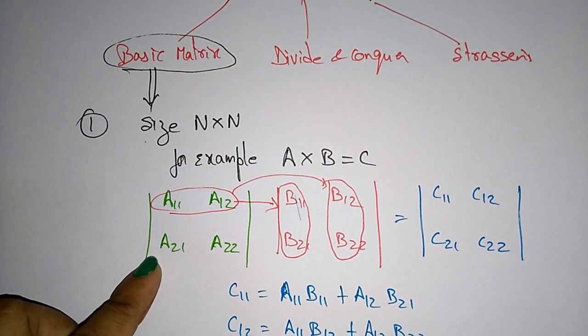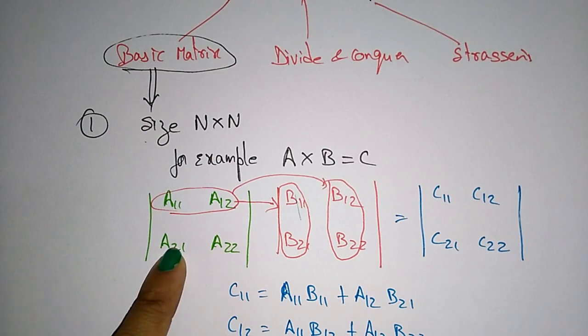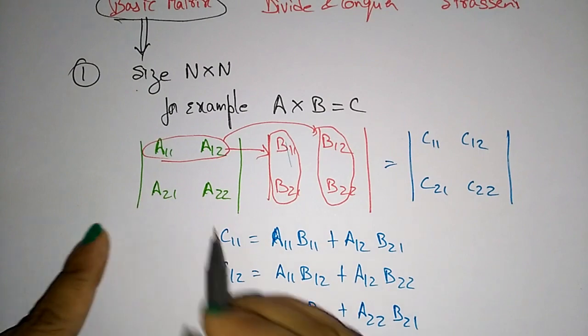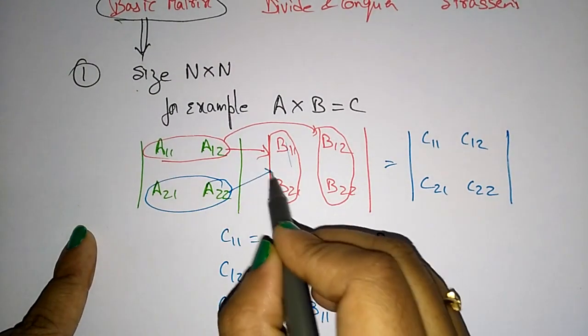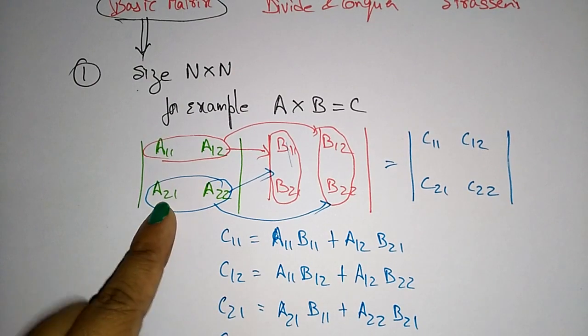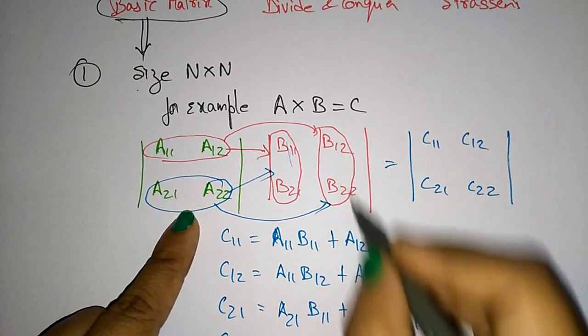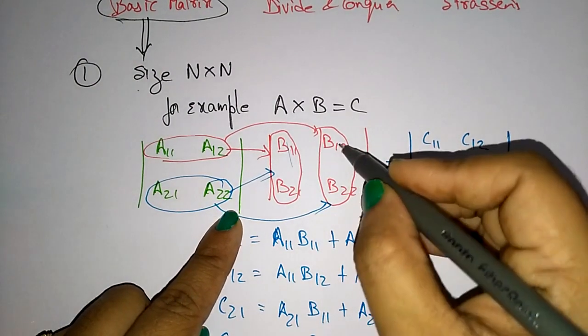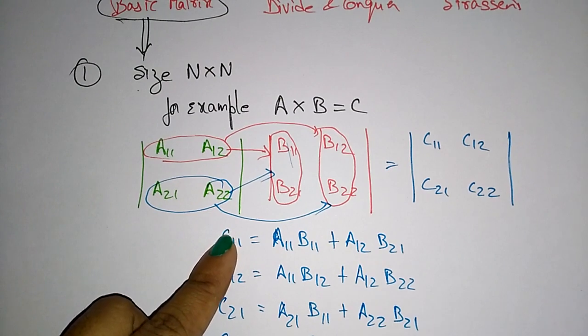Next coming to C21, the same method: A21 B11 plus A22 B21. This is multiplying with the first column, after that the second column. Next C22: A21 multiplied with B12 plus A22 multiplied with B22.